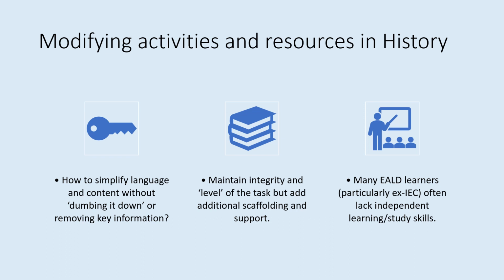And how do you teach study skills and independent learning to EALD learners, particularly those who've come from an intensive English centre who may lack those independent skills for themselves?